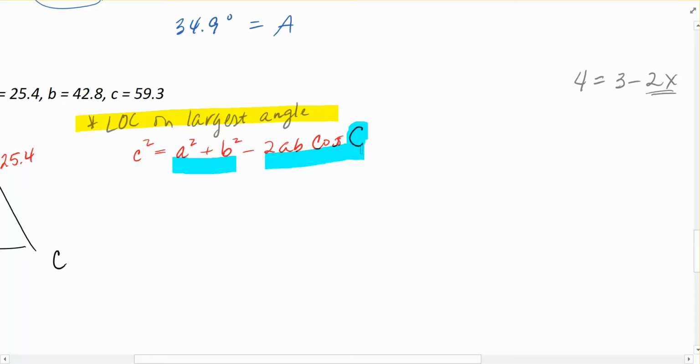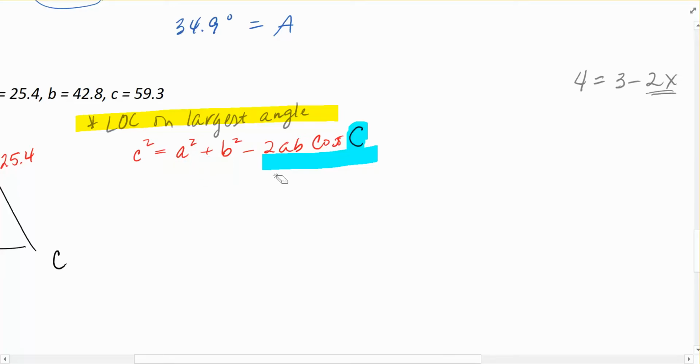I said all of that so that maybe you would hear me saying that this portion that I'm highlighting in blue is being multiplied by cosine C, but this portion over here is being added to that portion.